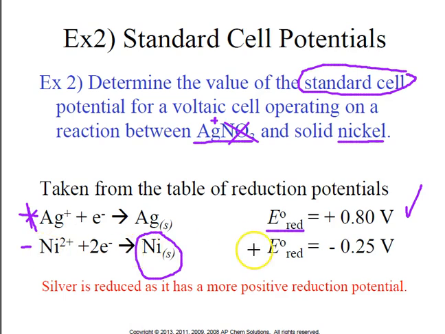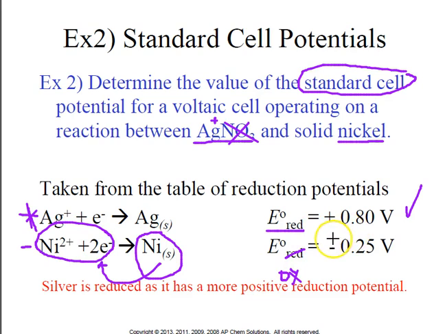Then the nickel is going to be oxidized. So this would be flipped over to make that nickel solid my reactant. Okay, and that's good because I have nickel solid, so I need it to be a reactant. So this whole thing's getting flipped around. Those are going to be your products now.